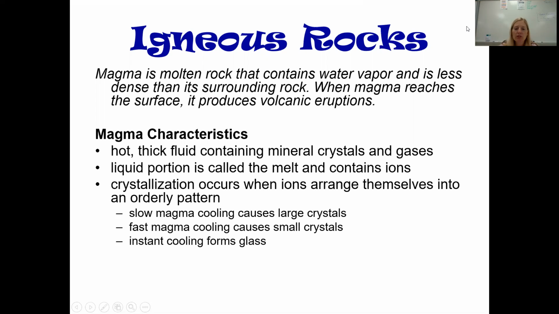Slower cooling will cause large crystals, and fast cooling will cause small crystals. If it's instant cooling, meaning that it's on the surface and it went immediately from magma to solidifying, then we say that it forms a glass or no crystals at all.